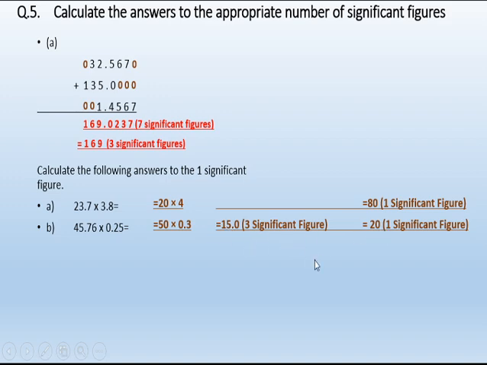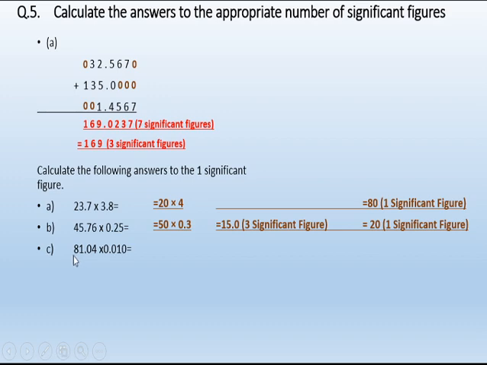In decimals we don't write the trailing zeros, but in a whole number we write zeros, because zeros are not significant. So we must write zeros in whole numbers, but we must not write zeros in decimals. So this is our answer to one significant figure. Now 81.04 multiplied by 0.001.